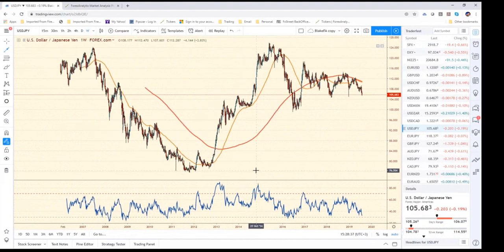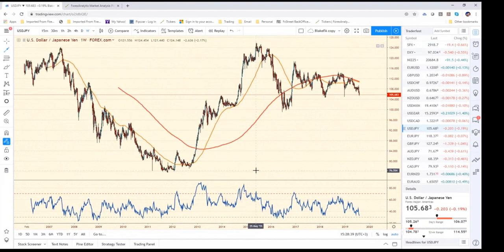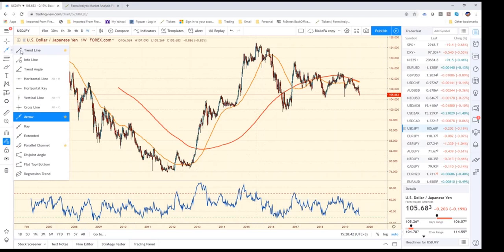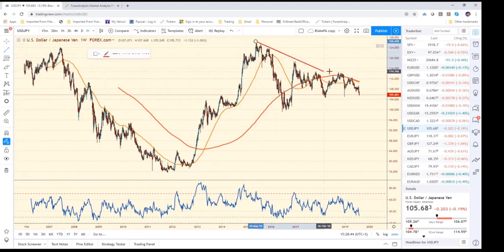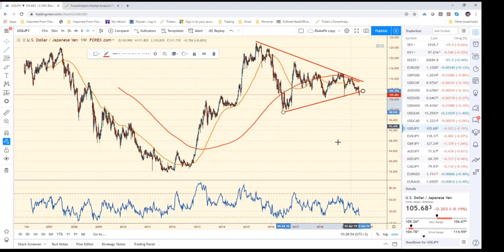In my opinion, we are at risk of continuing to break lower. And we've seen the S&P starting to show some signs of fatigue on the upside. With the dollar yen, this is a weekly chart, by the way, what we're seeing is that dollar yen break down out of a triangle consolidation that we've had for the last 3 years.